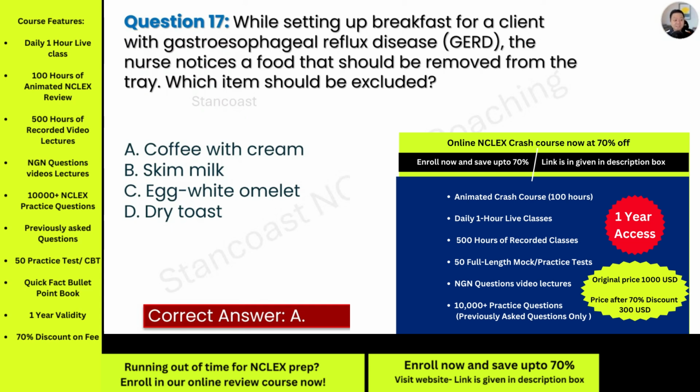Now, letter B, skim milk is incorrect because it's low in fat and unlikely to trigger the reflux. Letter C, egg white omelette is protein rich, but does not aggravate the GERD. Dry toast is also mild and does not pose a risk of reflux.